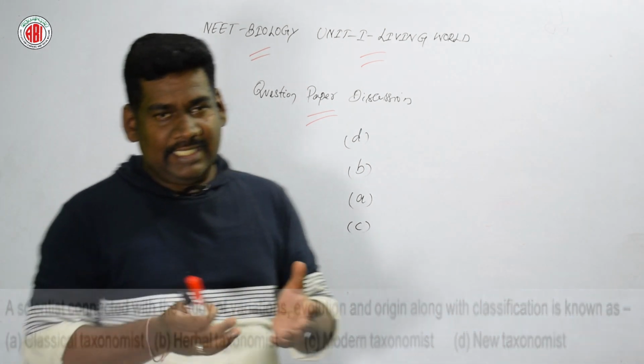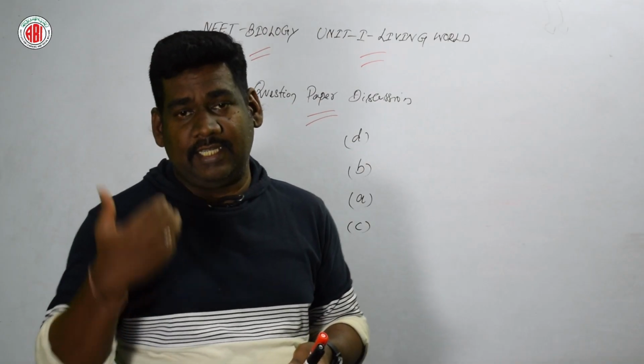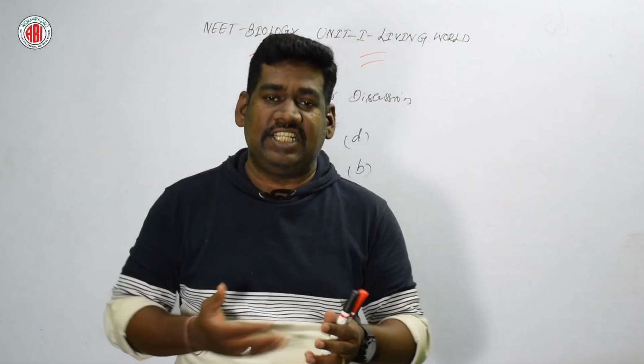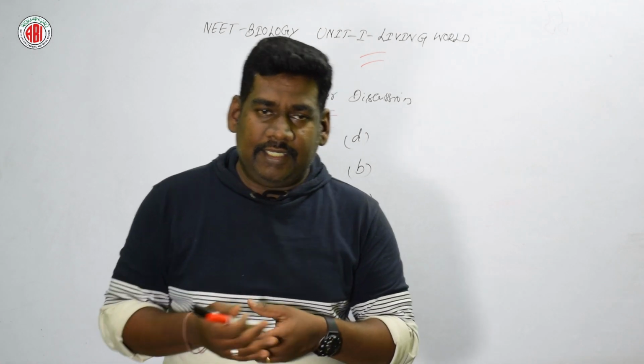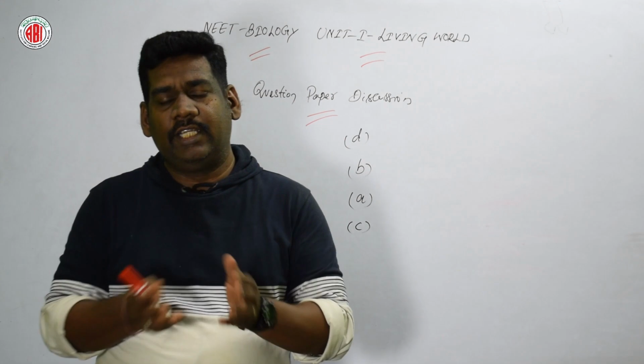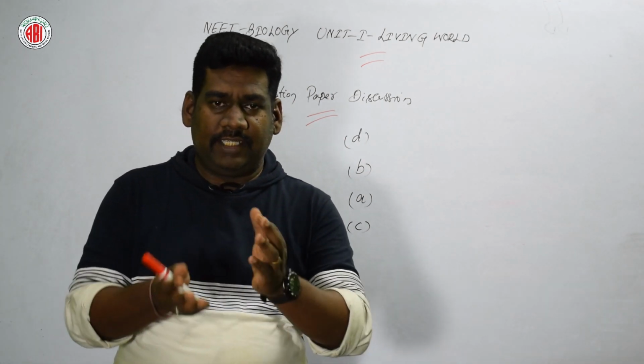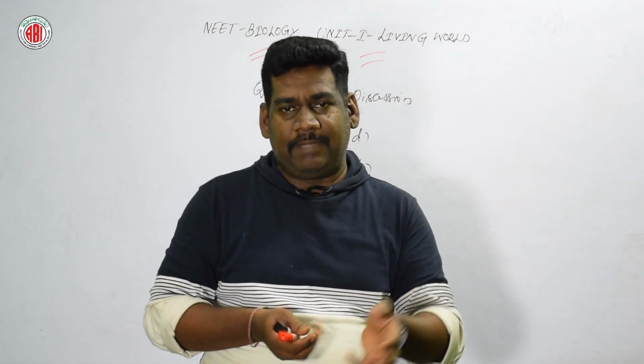Classical taxonomist is not related with variations or hereditary changes, evolution. And herbal taxonomy is not related with a scientist studying variation, evolution or origin. It is just about the different varieties of plants.